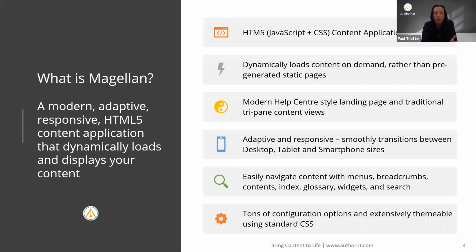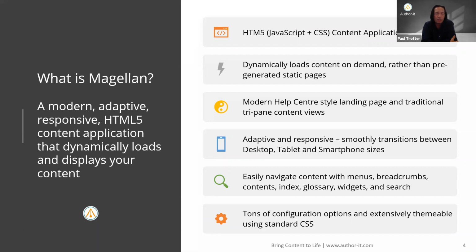We still have that sort of tri-pane view that help authors have known for many years, but we've also added to that a modern landing page, which gives people a place to be introduced into your content and a point at which they can jump to different parts of it. Lots of navigation facilities in the product as well, and then a ton of configuration options that let you change and adjust the product to suit your own needs, along with extensive theming.